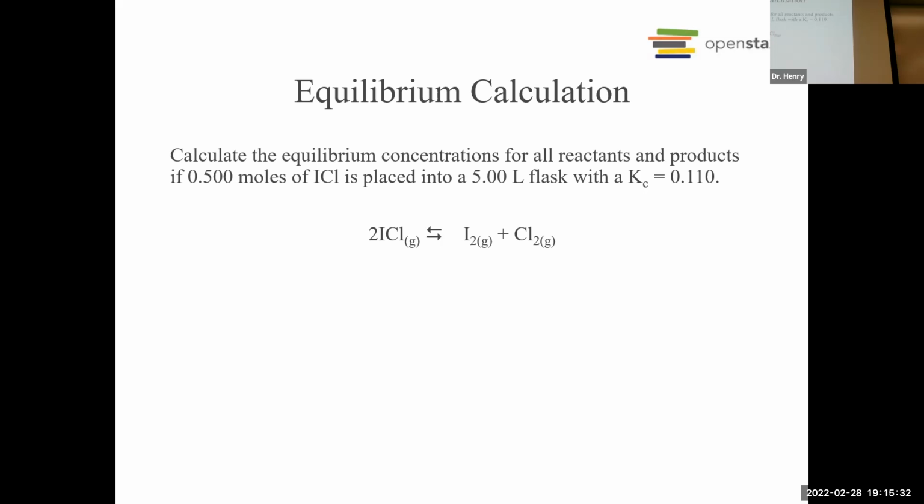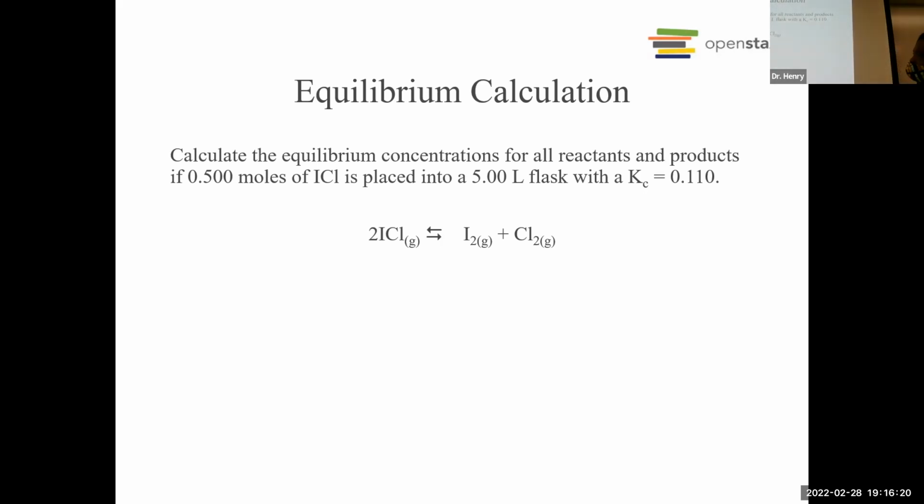So calculate the equilibrium concentrations for all of the reactants and products if 0.500 moles of ICl is placed into a 5-liter flask with Kc equals 0.110. Walk me through the steps. What do I need to do?